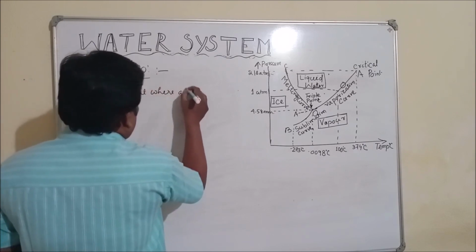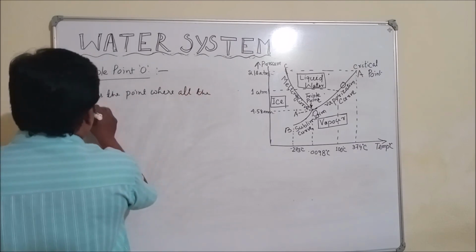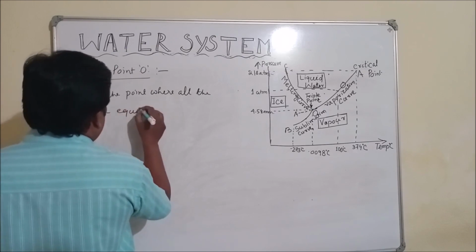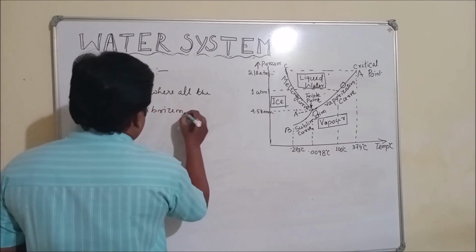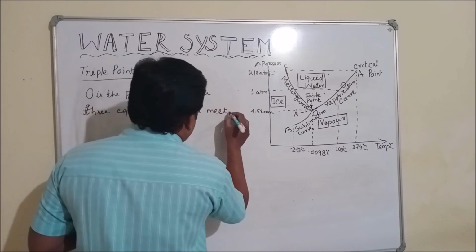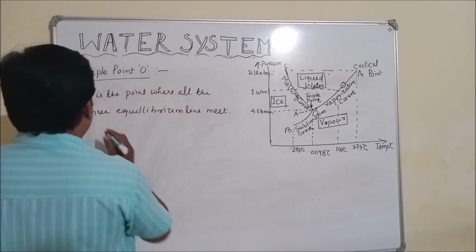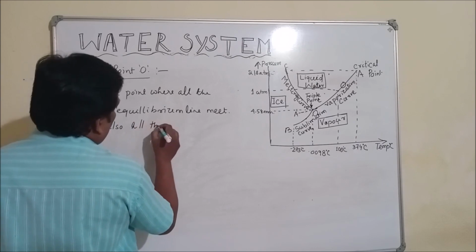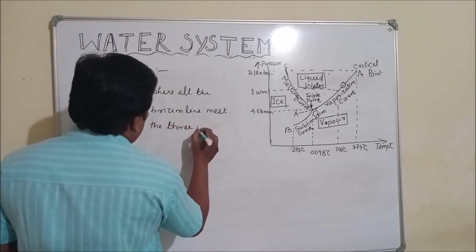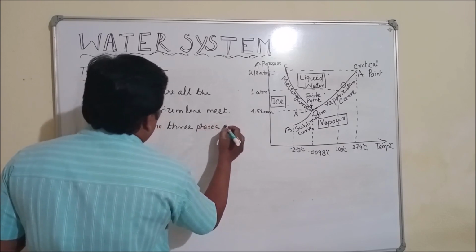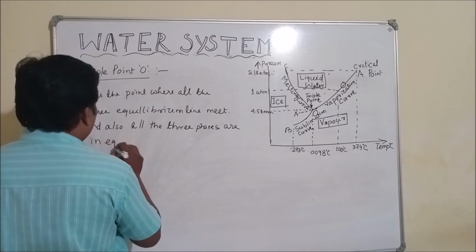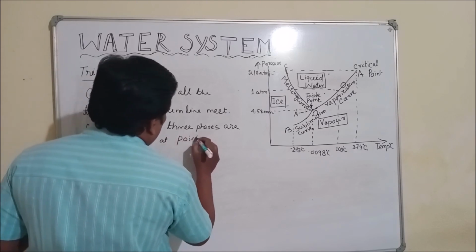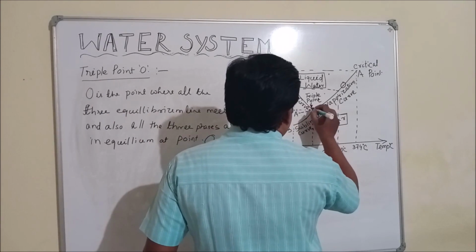So O is the point where all the three equilibrium lines meet, and also all the three phases are in equilibrium at point O. So O is the point at which all three phases are in equilibrium.